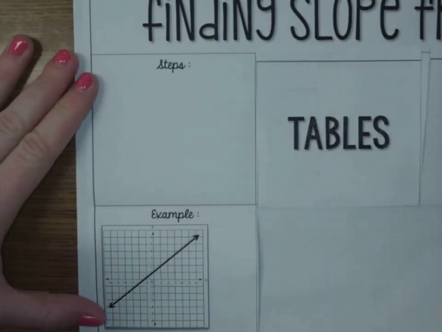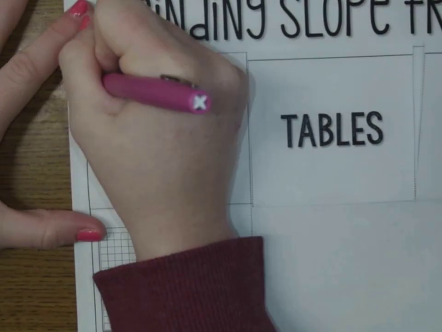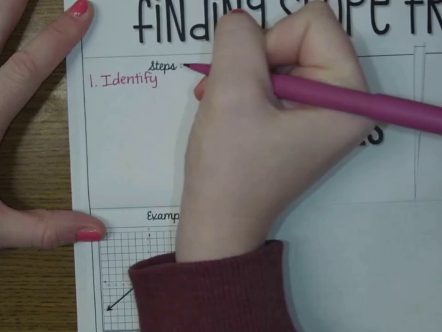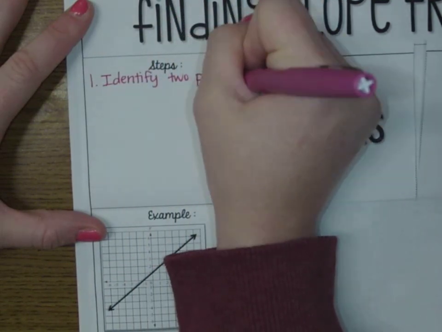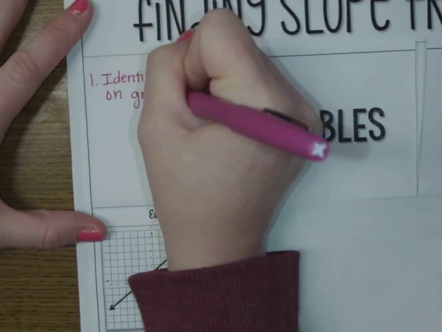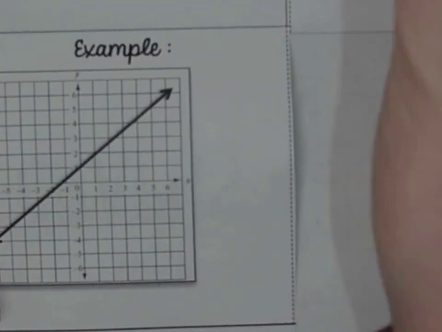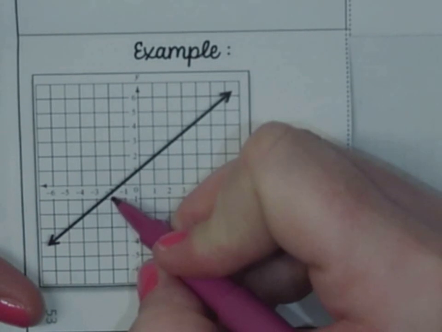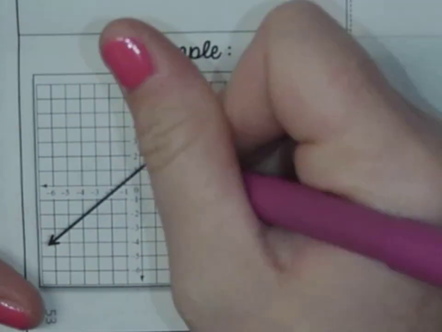So if I'm going to find slope from a graph, the first thing you want to do, and you can write this, is identify 2 points on graph. So if you look at that, you wouldn't want to do a point like right there, because that point is like halfway, or it could be 0.45 or something that we don't know.